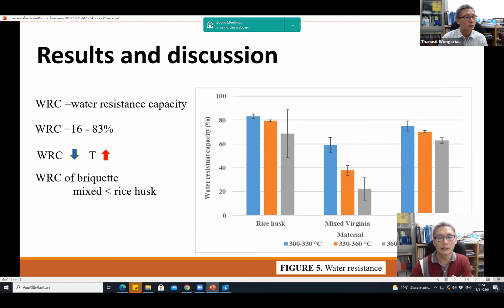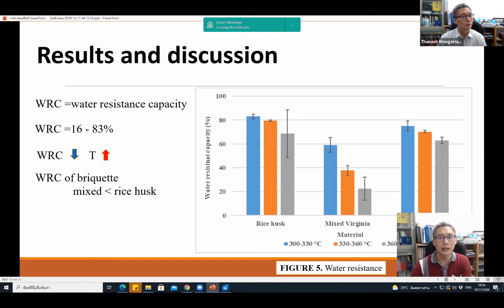The water resistance, as shown in figure 5, was between 60 to 83%. It decreased when we increased the temperature, similar to those physical properties, and when we mixed the rice husk with the tobacco stock, it also decreased. Water resistance capacity of the Virginia was lower than the barley.